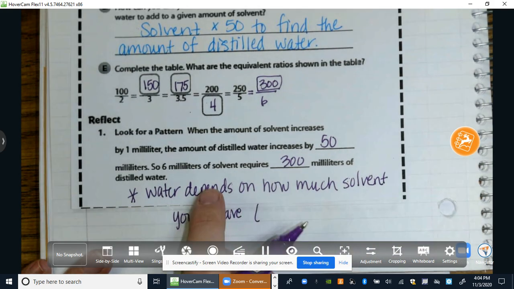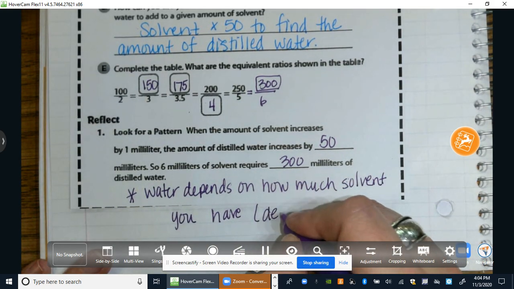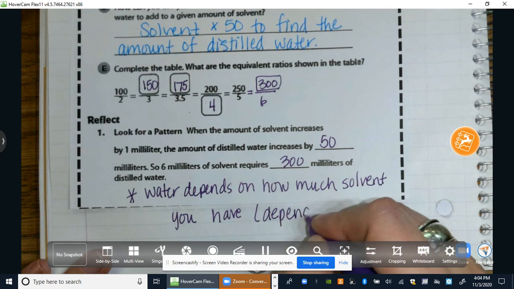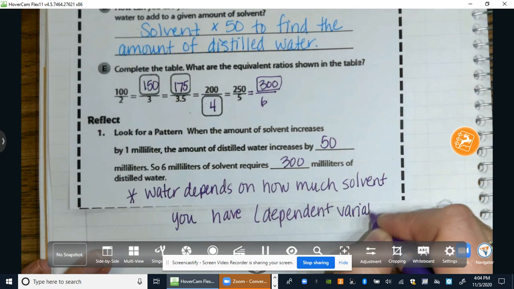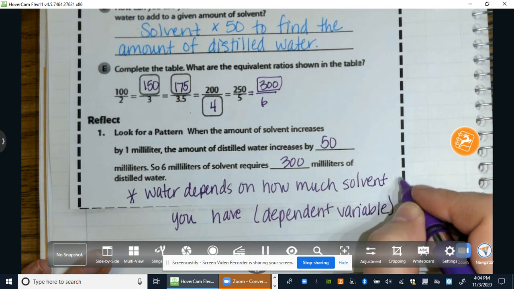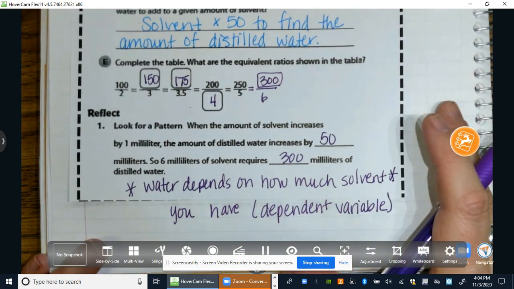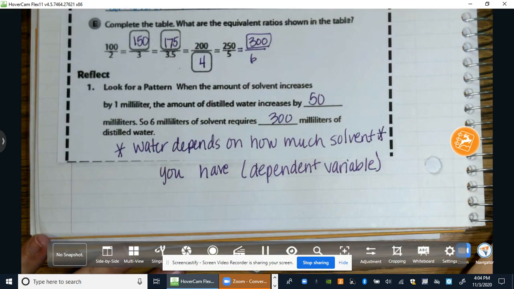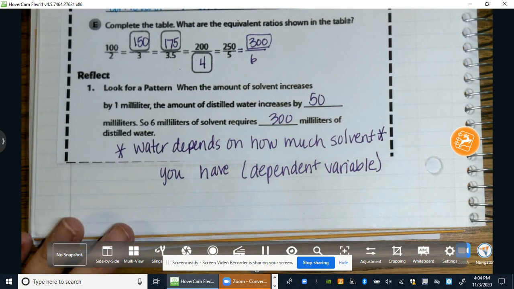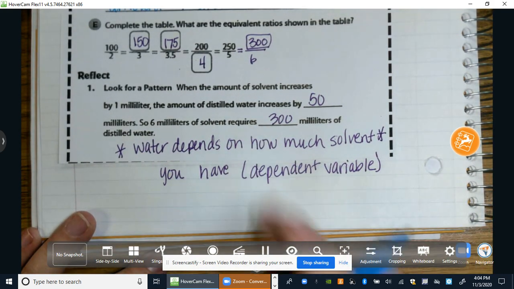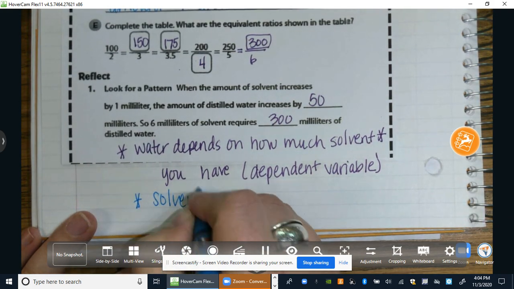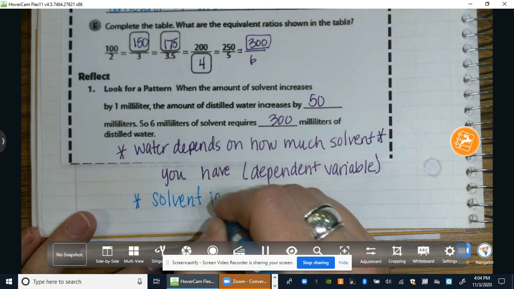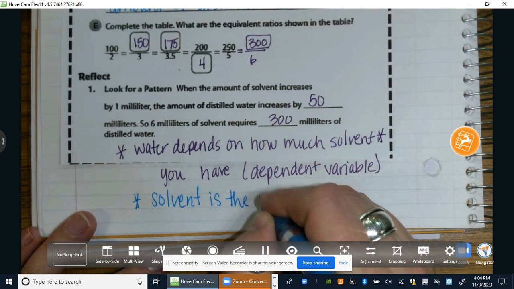Okay, and because it depends, that is our dependent variable. That makes our solvent the independent variable.